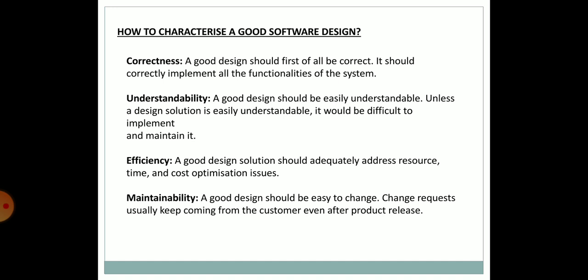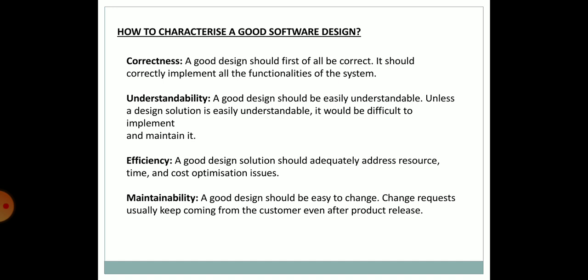Now, how do we characterize a good software design? As we saw with the SRS document, how important it is for the design process and the whole development of the software, and the characteristics of a good software requirement specification document.